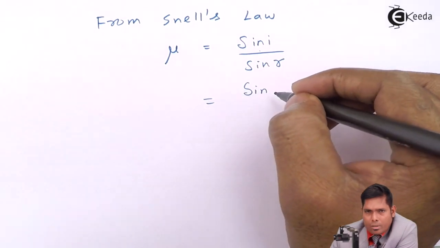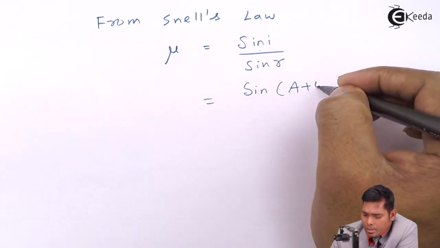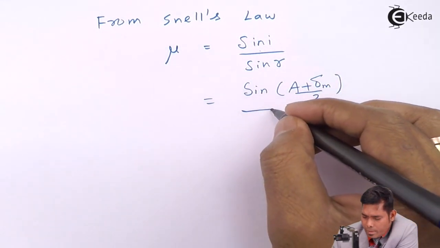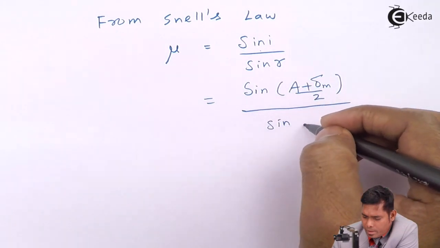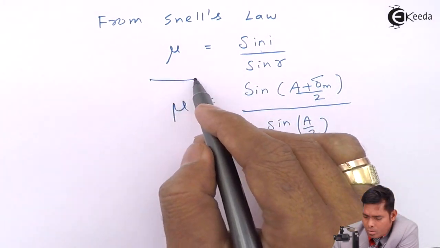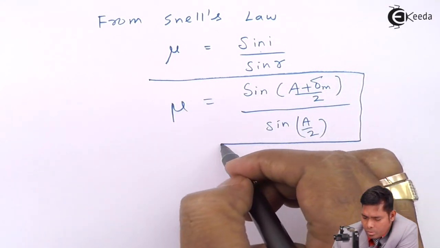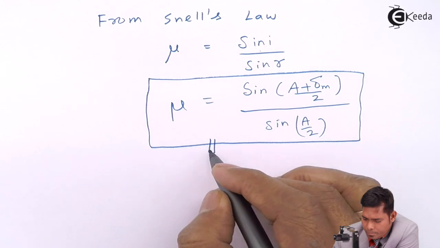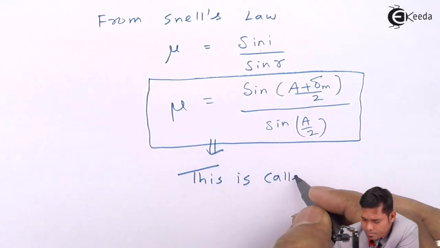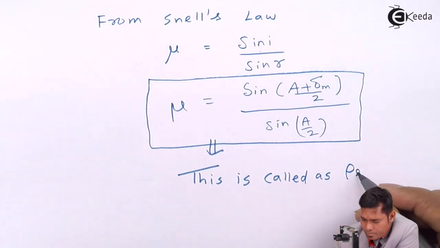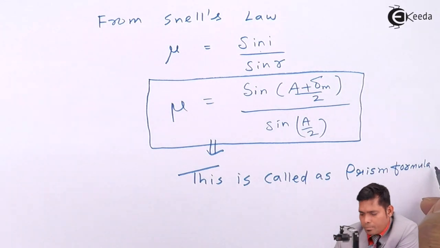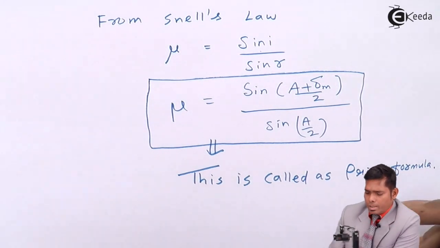I is (A plus delta m) divided by 2, so sin of (A plus delta m) by 2, divided by sin R. What is sin R? Sin A by 2. This formula is called the prism formula.